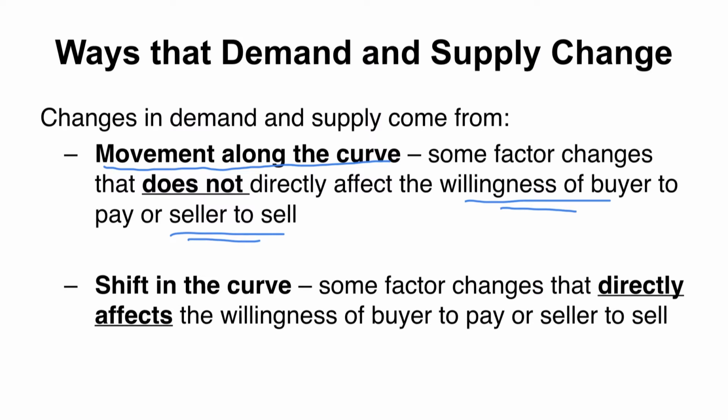On the other hand, the other type of change that we can have is a shift in the supply curve or a shift in the demand curve. In that scenario, there's some factor that changes that directly affects the willingness to sell with a shift in the supply curve or directly affects the willingness to buy in a shift in the demand curve.